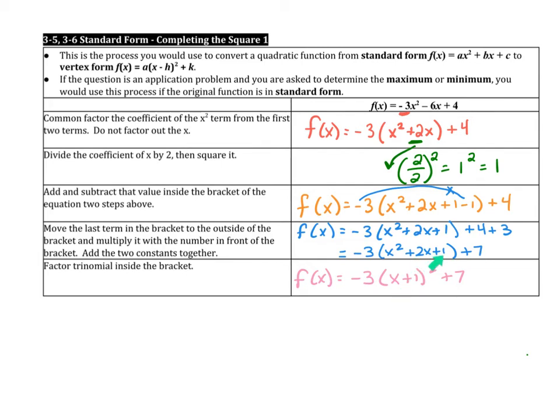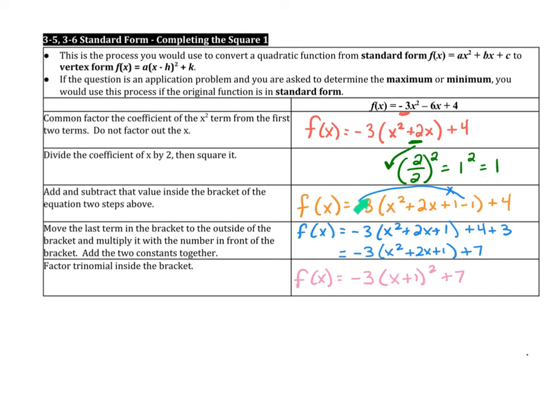So in order to figure out what that number has to be, that's why we do this work. Taking that number, dividing it by 2, and squaring it makes this what we call a perfect square trinomial, which means the two numbers that multiply to this and add to this will be the same numbers, allowing us to do the x minus h squared. So that's why we do this part.